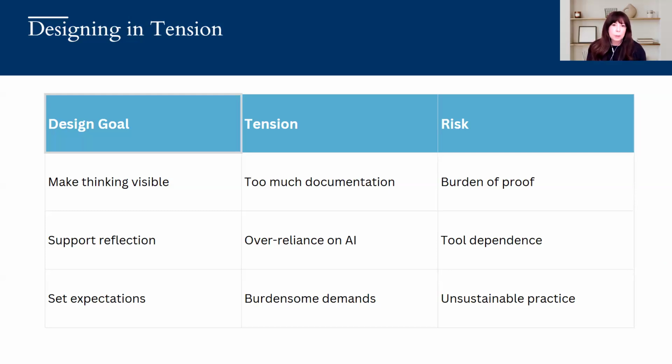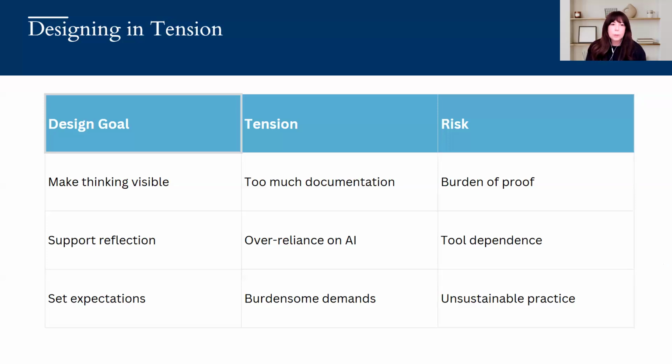We'll give some suggestions shortly, but some of the tensions that emerge are, how do we do that without creating undue documentation for the student or for the faculty member to have to navigate? And the risk is that the burden of proof becomes unwieldy or unnecessary, or we ask students to create documentation that is not necessarily used or is just held in reserve for just in case.